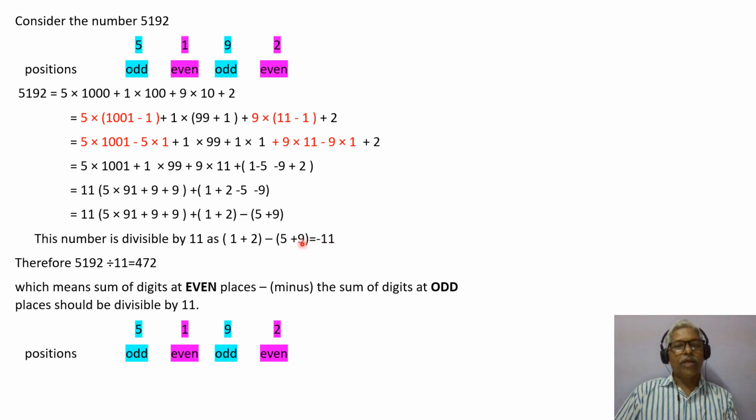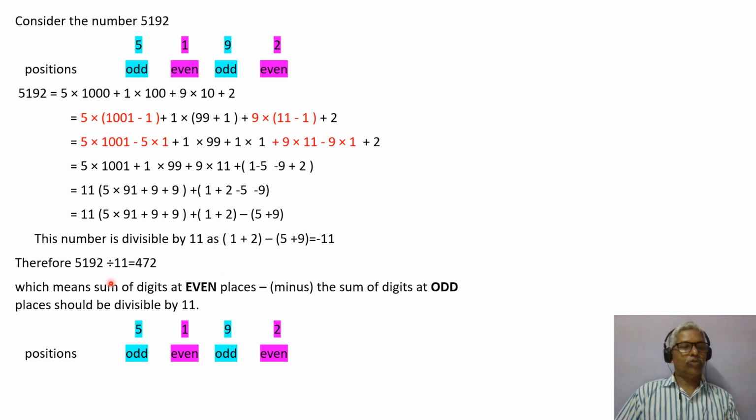Okay, if this difference is divisible by 11, then the whole number will be divisible by 11. So go through it, try to understand this. This is very simple. Only some arithmetic calculations are to be done, then we can get through it very easily.